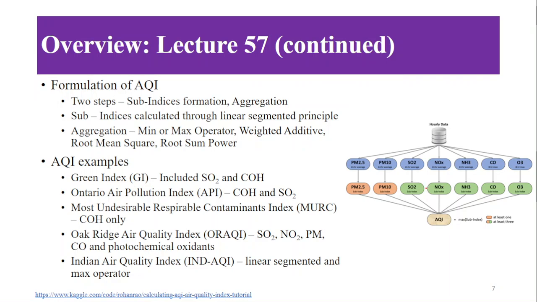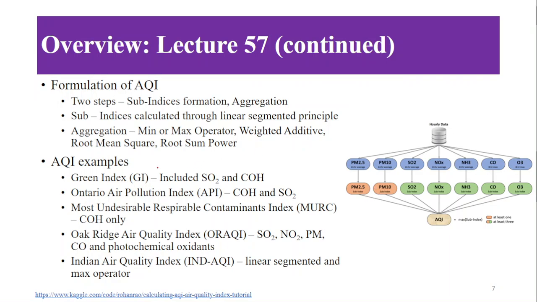You cannot calculate AQI if the hourly concentration of only two pollutants is given. And if three pollutants are given, one of them should be either PM 2.5 or PM 10.